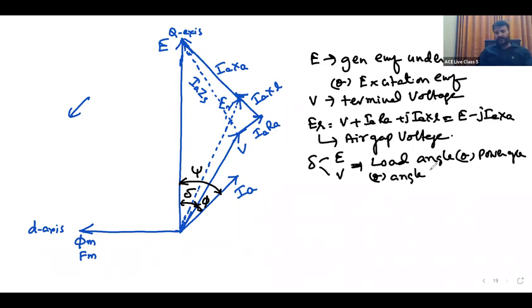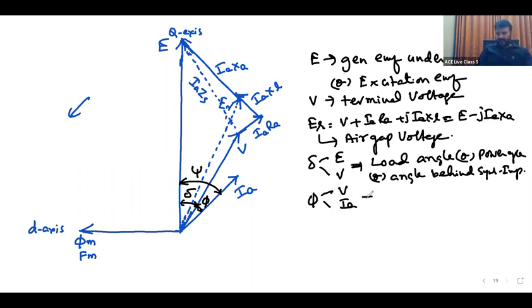There is a question in GATE 2013 that asks about the angle behind synchronous impedance. You need to calculate the delta value. And phi is the angle between V and IA. That is the load power factor angle.